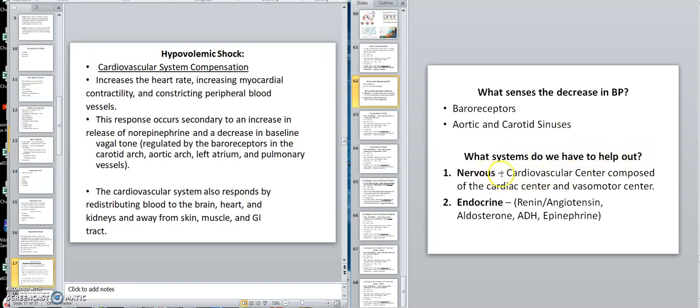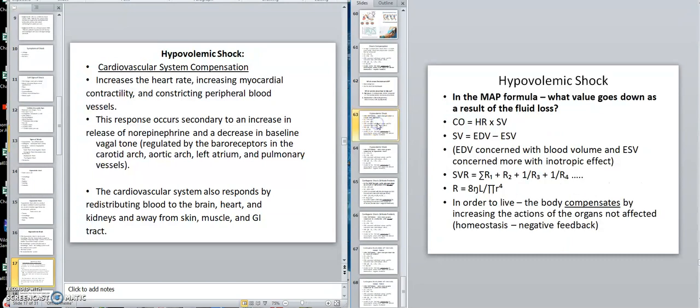We have the nervous system, because we have the cardiovascular center composed of the cardiac center and vasomotor center. Then we have the endocrine: the renin-angiotensin system, aldosterone, ADH, antidiuretic hormone, epinephrine. So that's what we have to help out. I want you to have all that in your mind when we explore this.